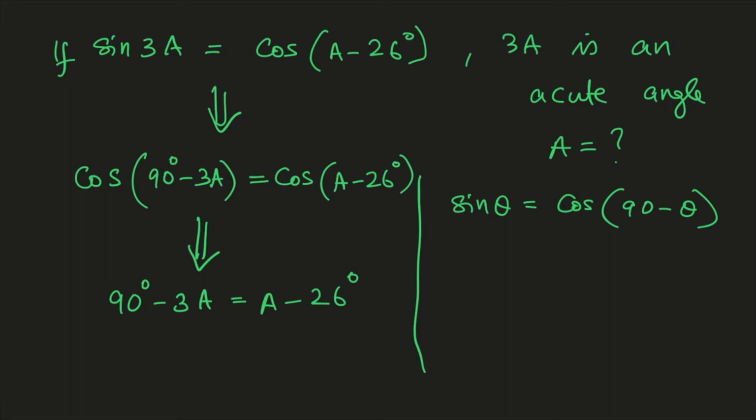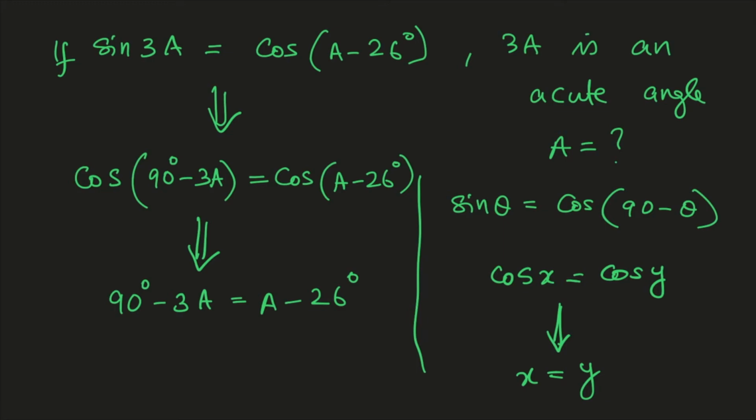Of course, this is the case since it is given to be an acute angle. In general, when you move on to the next advanced lessons, you'll realize that this is not always the case. When somebody tells you that cos of x is equal to cos of y, it does not necessarily imply x is equal to y.